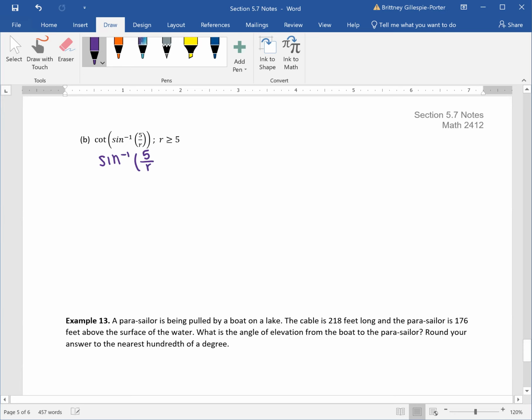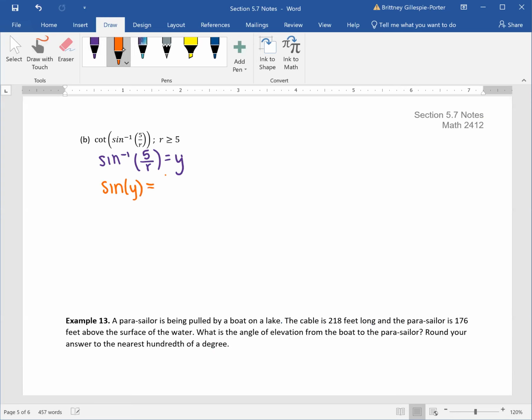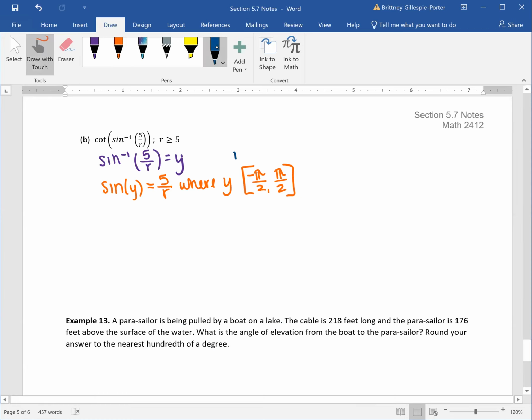So 5 over r, I'm going to set that equal to y. Rewrite this, we would have sine of y equal to 5 over r, where y is in the interval -pi/2 to pi/2. And again, we're getting this from the range of inverse sine.